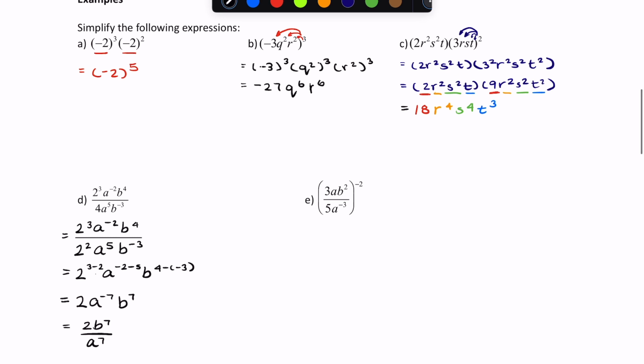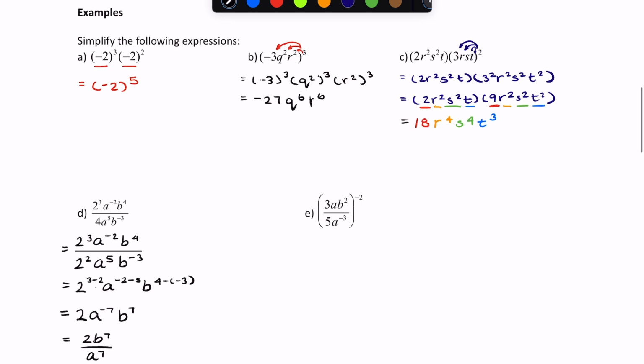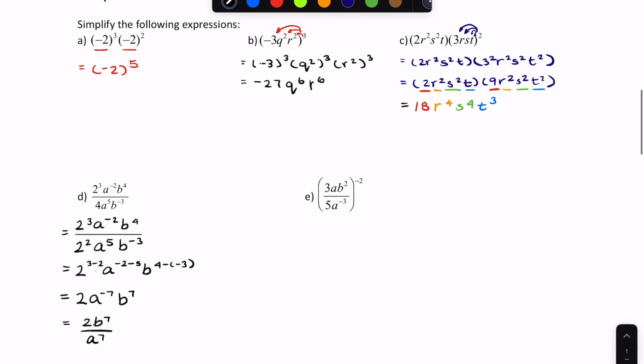Okay, so let's look at e here. So we have 3ab squared over 5a to the power of negative 3, all to the power of negative 2. Here, again, we can rewrite this. We do everything inside the bracket first, so remember BEDMAS: brackets first, then exponents.